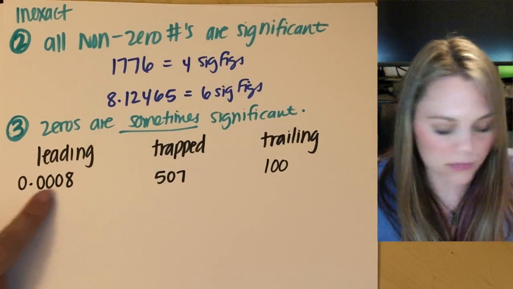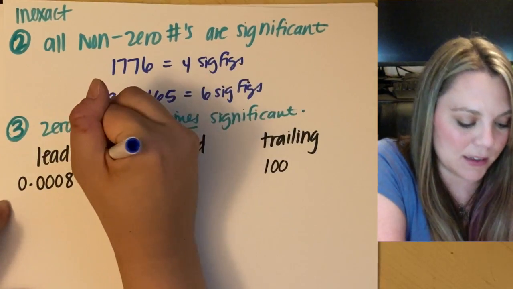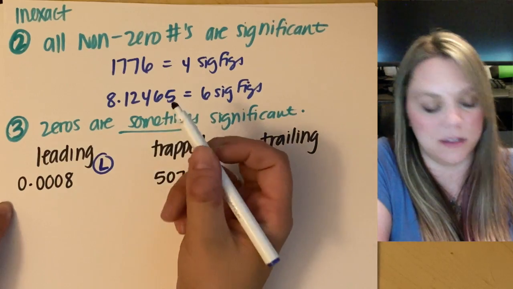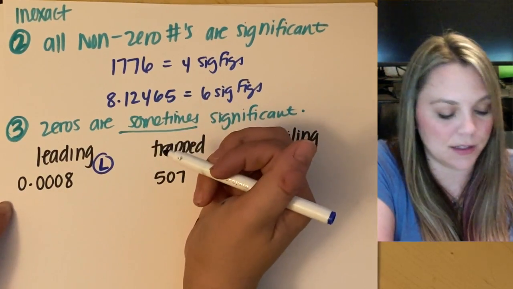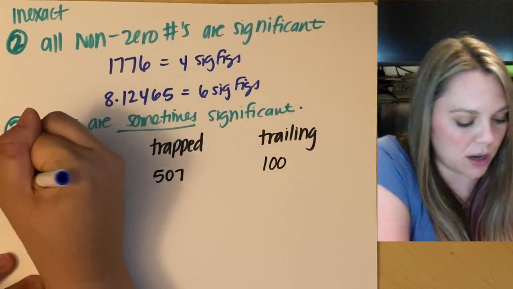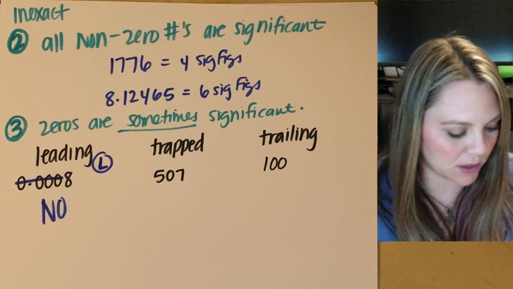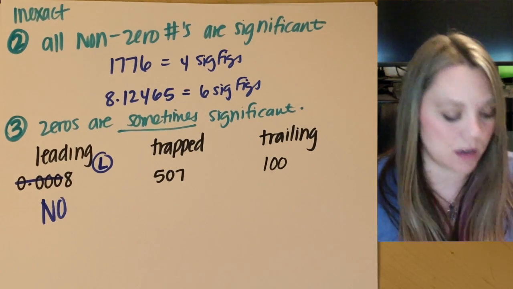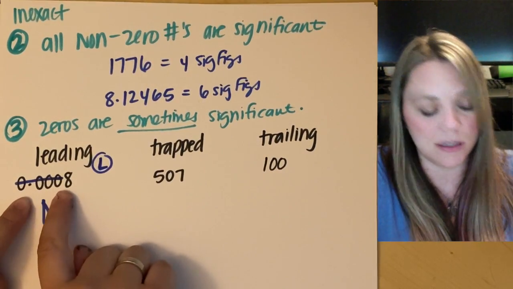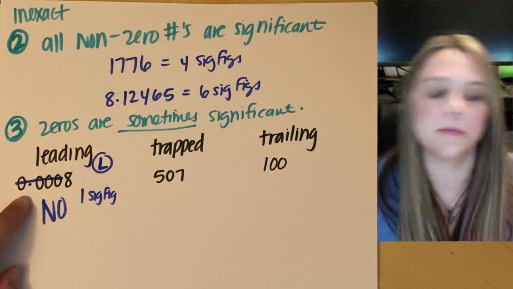Another way to think about it: leading zeros, L for left, are the zeros on the left, and any zeros on the left are not significant. Sorry, Beyonce. So in this example, 0.0008, I only have one sig fig.